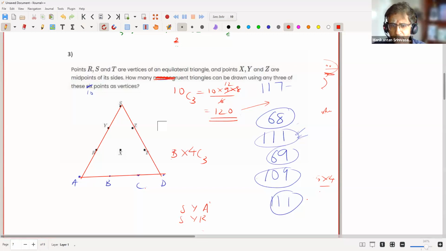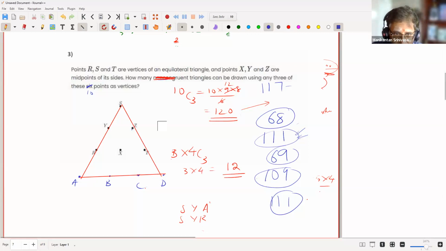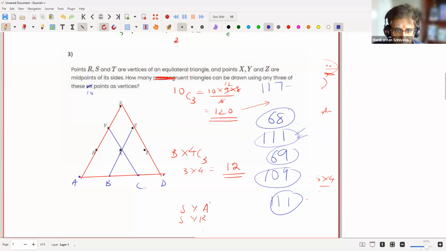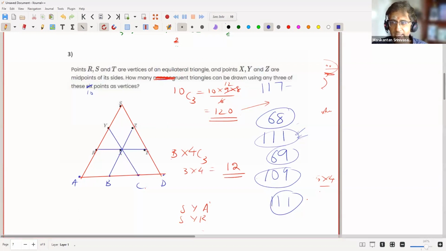So 3 into 4C3. 4C3 is 4. So there are 12 of them to be eliminated. Further, there are the lines which have 3 points. This one, right? And this one, which is new, which was not there earlier. And this one. So there is only 1 in each category because there are only 3 points in that line.